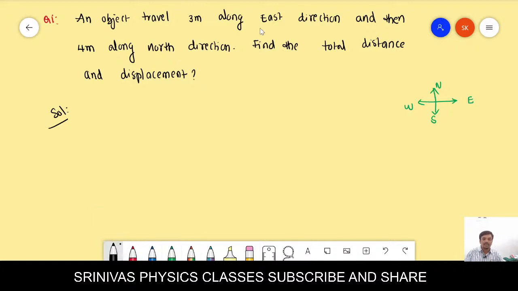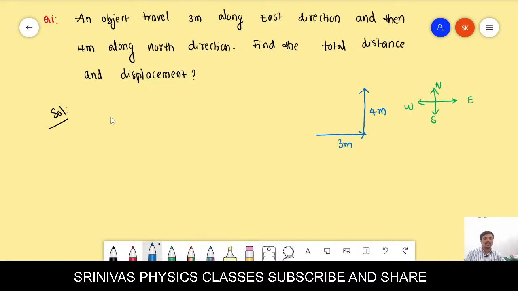Then the object travels 3 meter along east, and after that 4 meter along the north direction. North means upward.